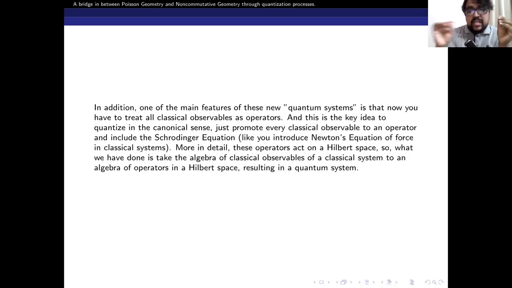Just promote every classical observable to an operator and include the Schrodinger equation, like you would introduce the Newton equation of force in a classical system. So more in detail, these operators act on a Hilbert space. So what we have done is take the algebra of classical observables of a physical system to an algebra of operators in a Hilbert space, resulting in a quantum system.